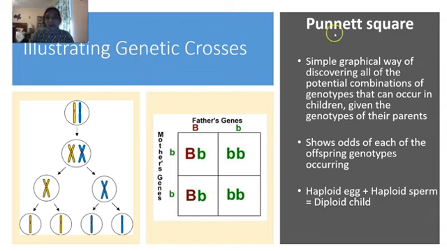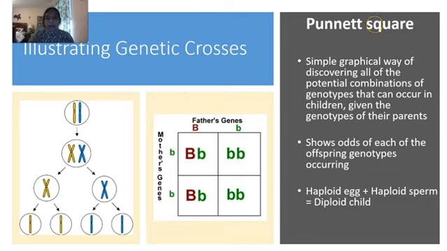So for genetic crosses, we talked about before, last lecture, how Punnett squares are one way that we can simply demonstrate how the different alleles are getting transferred to the progeny in a diagram form, in a graphical way.